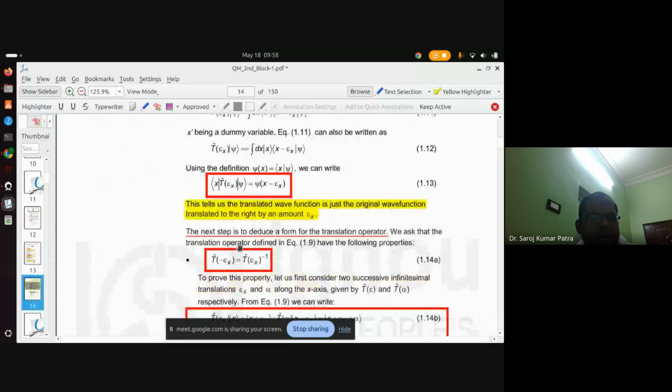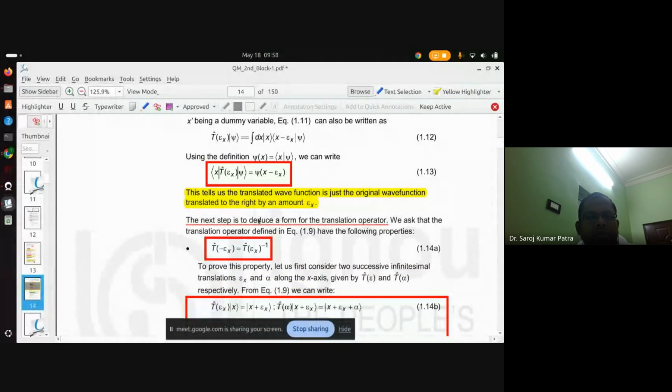So now the next step is to deduce the form for the translation operator. We ask that the translation operator have the following property: T of minus epsilon x will basically be the inverse of T epsilon x.